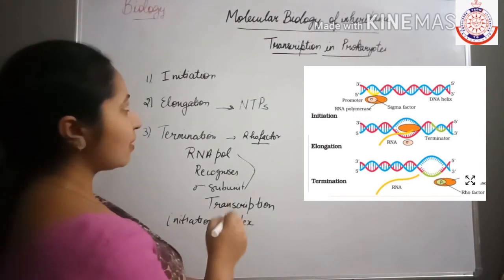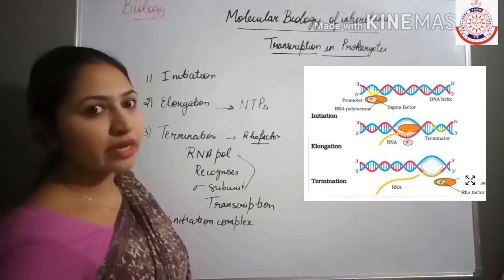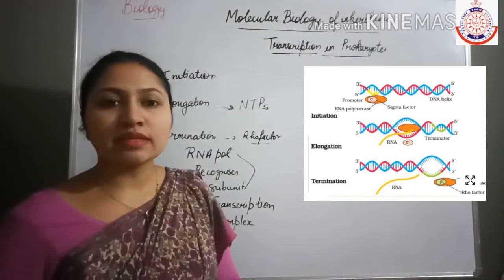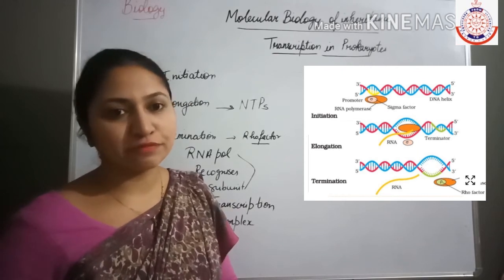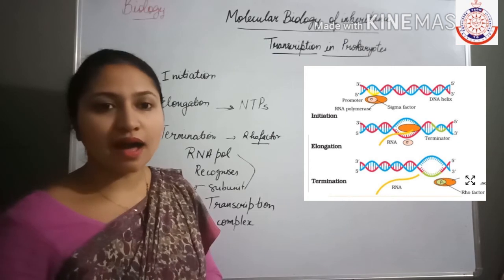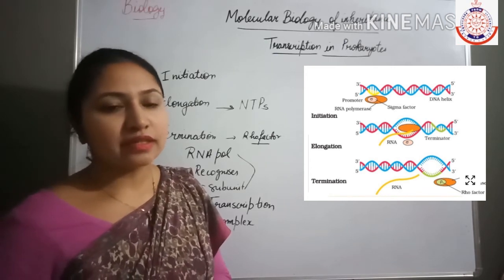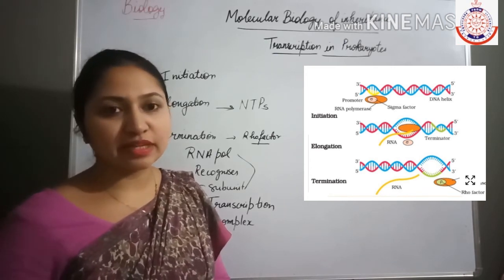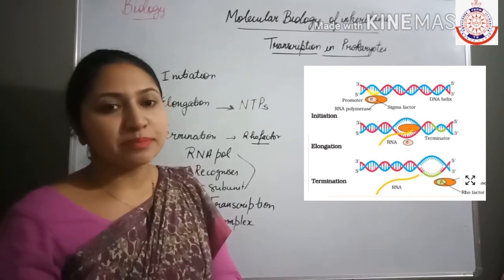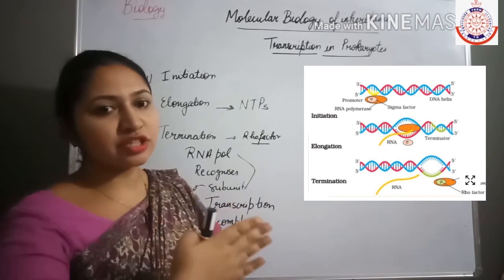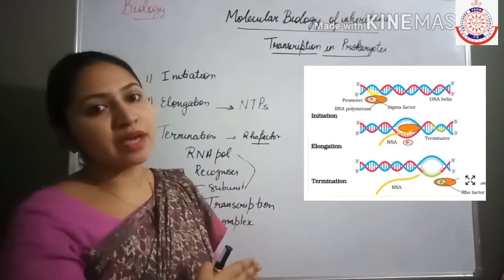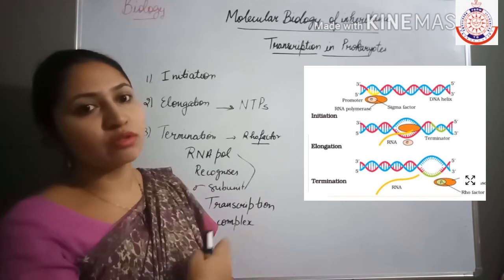So this is all about transcription in prokaryotes, and only one RNA polymerase is required for the synthesis of all three types of RNAs, that is mRNA, tRNA and rRNA. And the transcription and the translation processes occur simultaneously. It means that when the RNA chain is synthesized, at the same time the translation process also occurs.